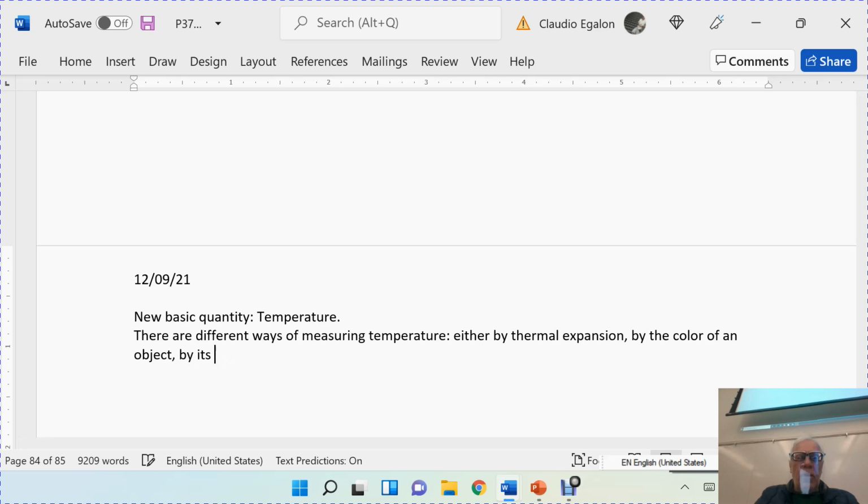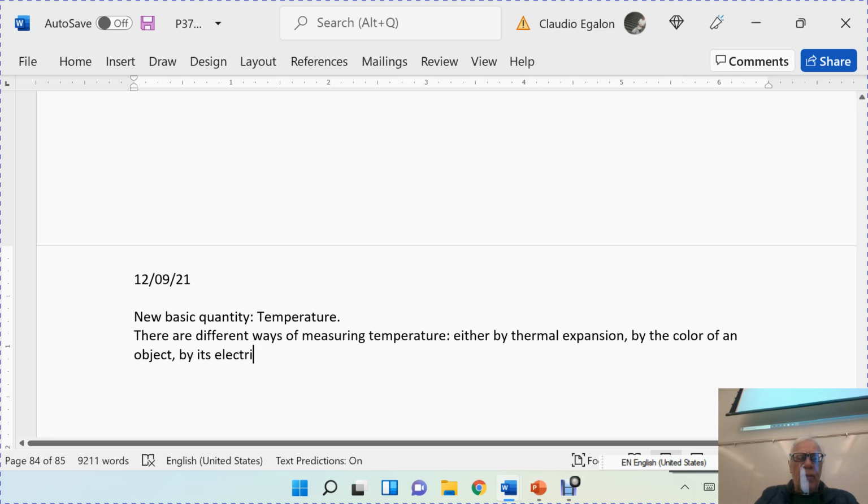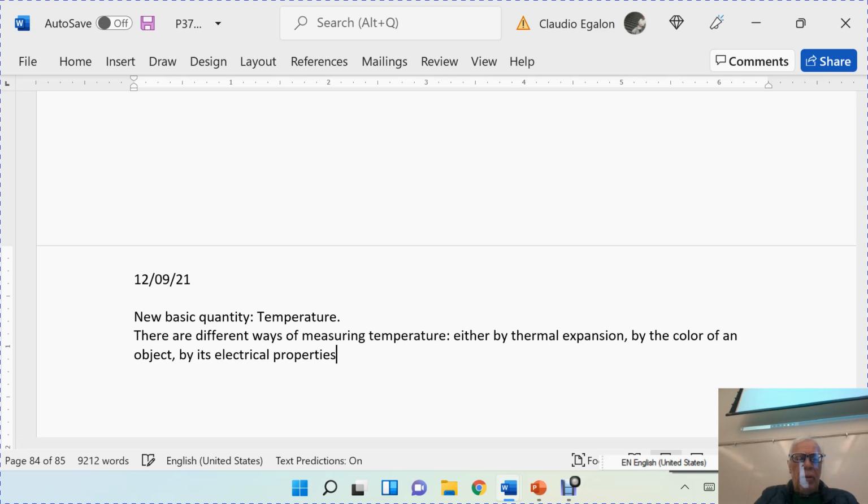There are several ways to measure temperature by its electrical properties. Even by the pressure of a gas. You can use the pressure of a gas to measure the temperature of a gas. So, all sorts of different ways to measure temperature. We do know that the bluer an object is, the warmer it is.